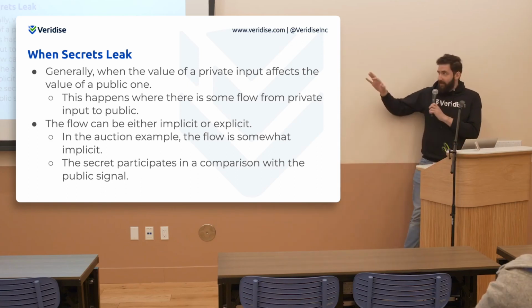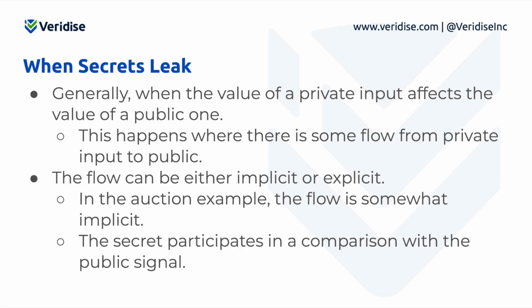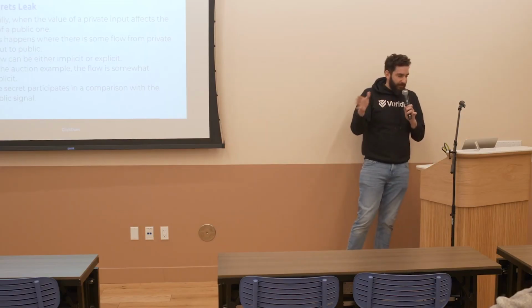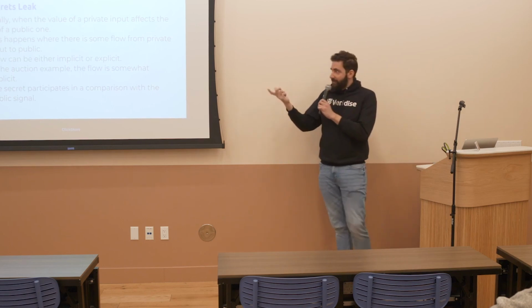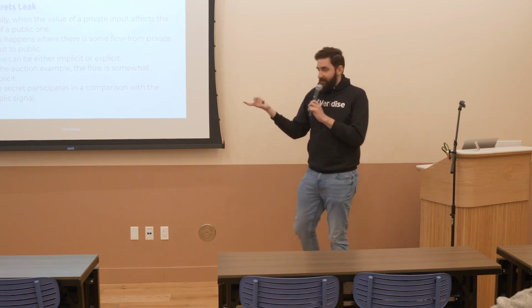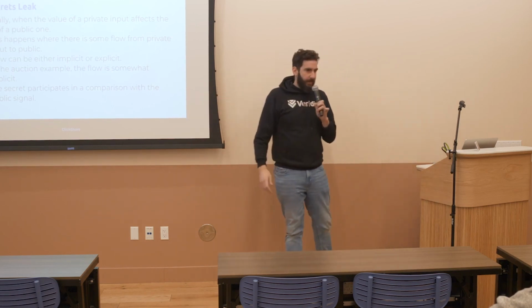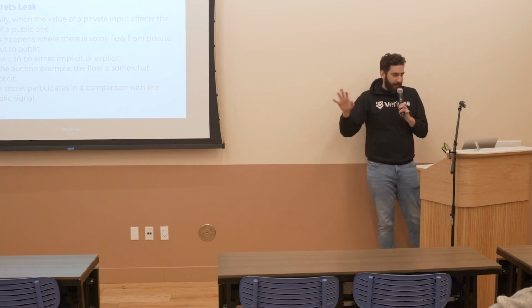And as we saw, the flow can be either explicit or implicit, right? Like in the previous example, we don't have an explicit flow from the private to the public. We just have a comparison that reveals this type of information. So we have to be careful to make sure that the flow is neither explicit nor implicit.